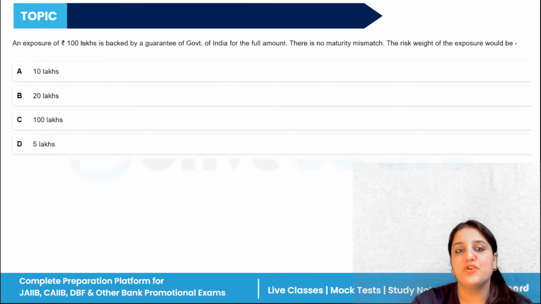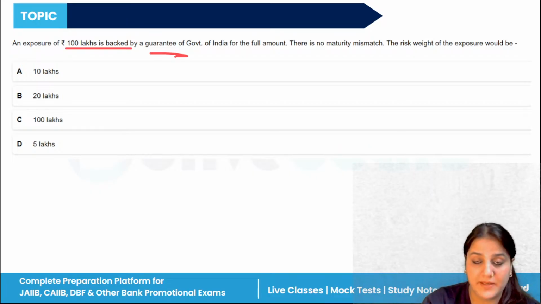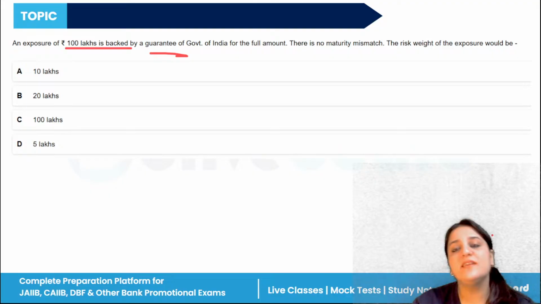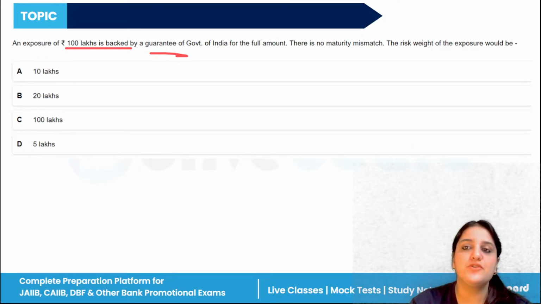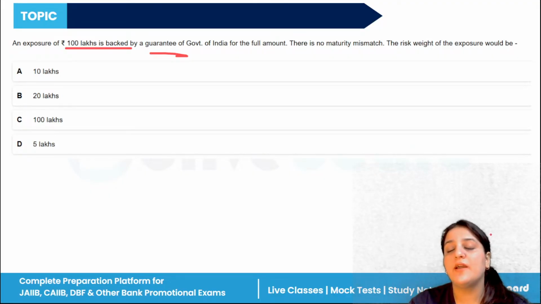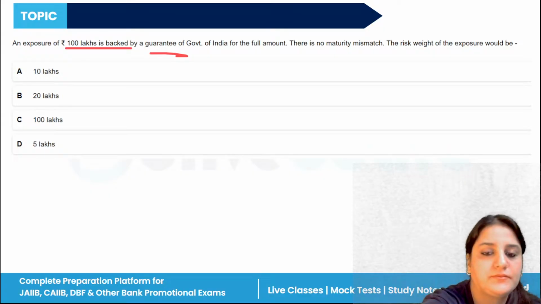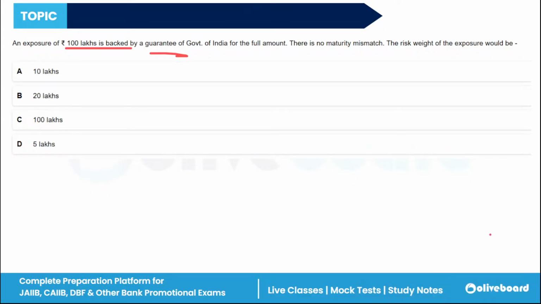Then there is an exposure of 100 lakhs that is backed by a guarantee of the government for the full amount, and there is no maturity mismatch. So what would be the risk weight of the exposure in that case? 10 lakh, 20 lakh, 100 lakh or 5 lakh.